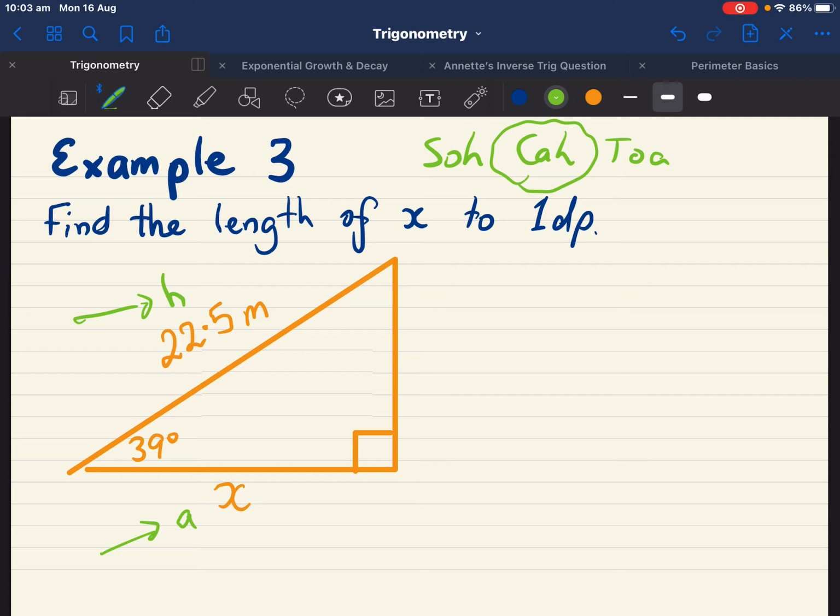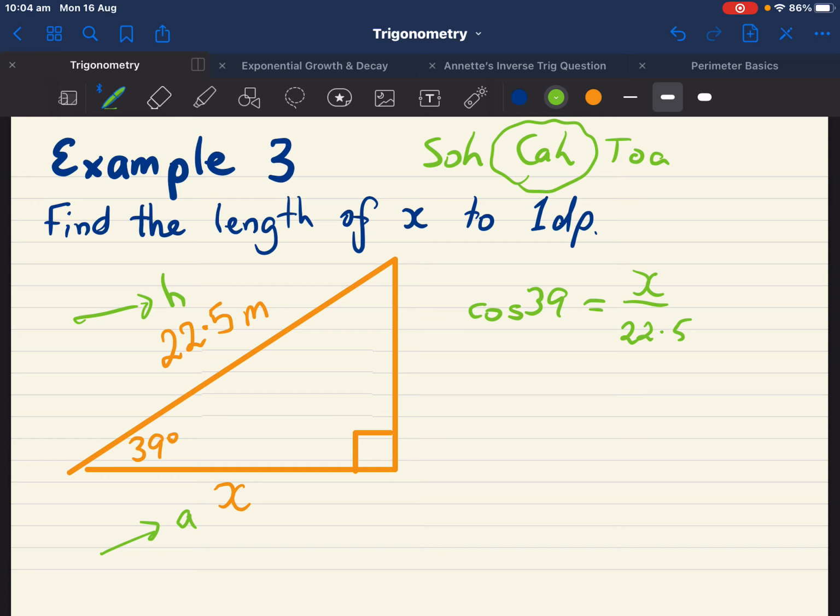So we do the tricky step. We write out the trig ratio. With the trig, always put the angle: cos 39 is equal to A and then H. So we need to put A first and then H. You've got your second step done. That was a tricky step. The final decision is just to work out whether we times or divide.